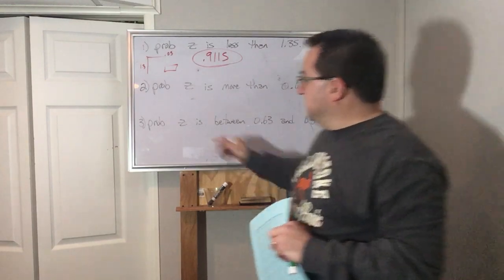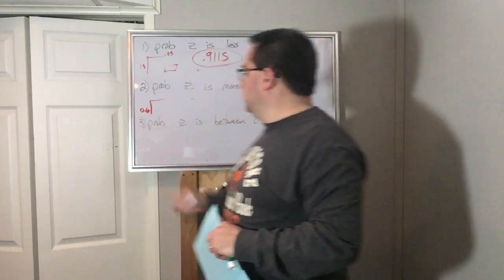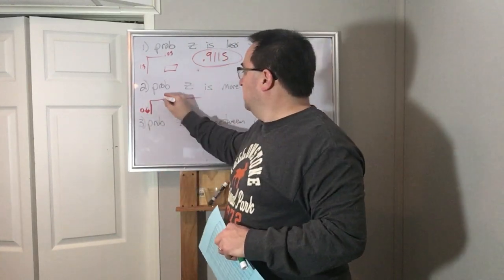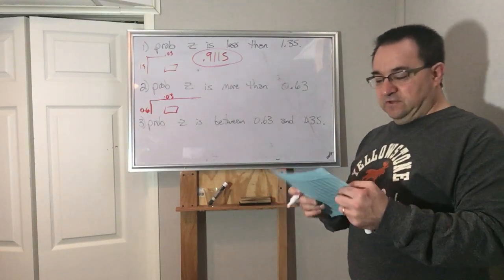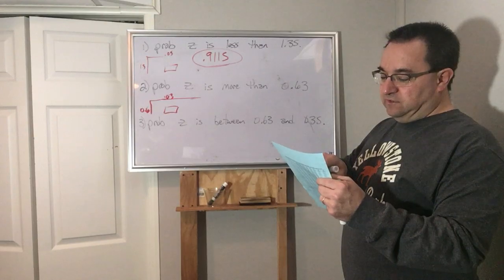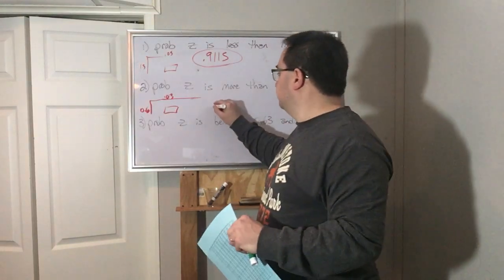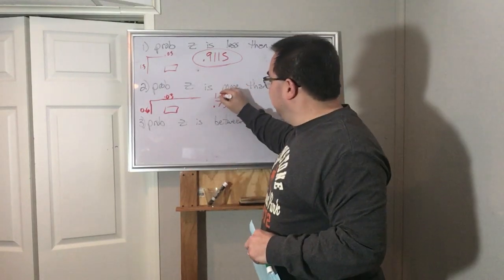Okay, next one. I'm going to look for 0.6 and the 0.03. That's what I'm looking for, and that's positive. So 0.6, and then the 3 is 0.7357. But that would be less than.